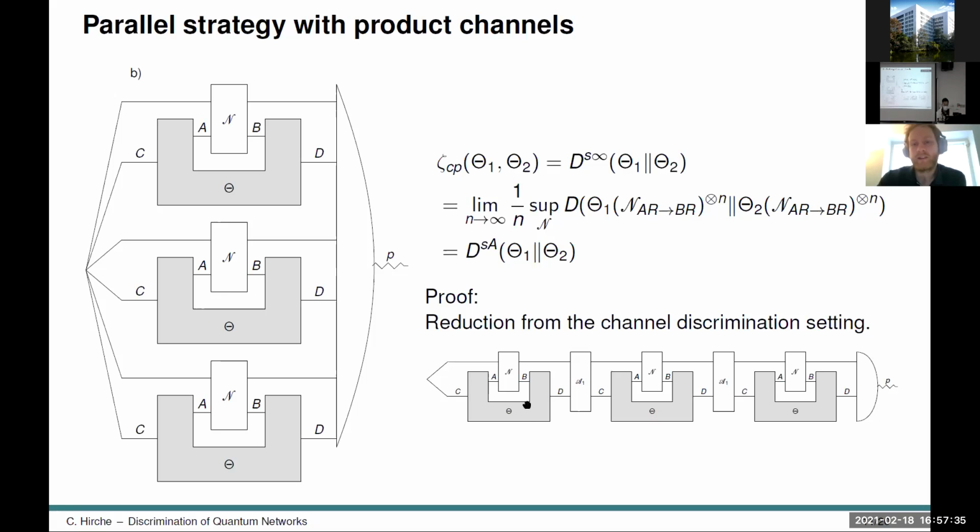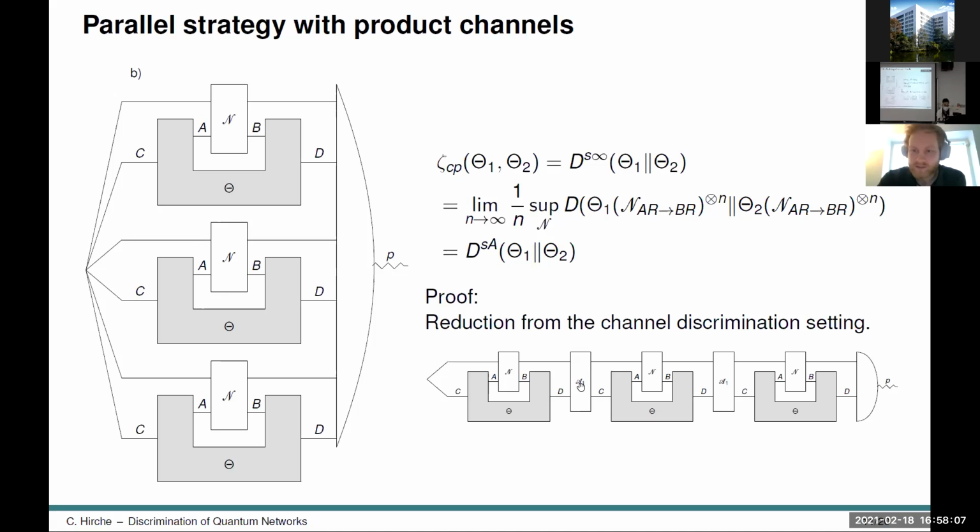And as in the channel discrimination setting, we also see that this is equivalent to an adaptive strategy, which is the direct extension of the adaptive strategy in the channel case, where we choose one input state, and then after every use of the channel, we choose some adaptive channel to prepare the input state to the next channel.